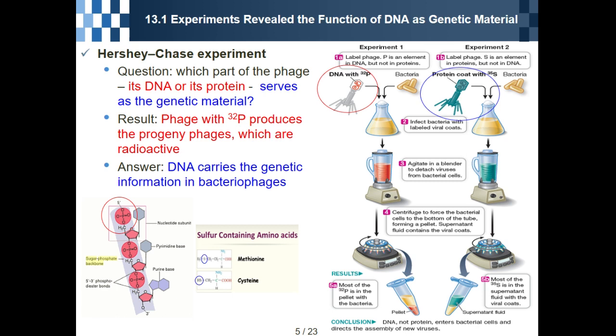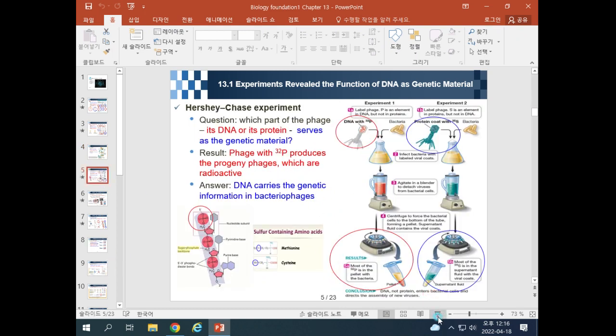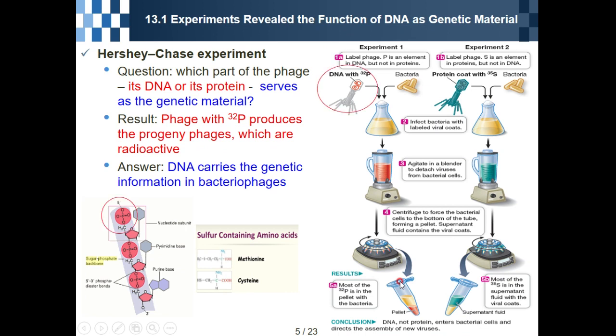After that, they did centrifuge. So they attached, and after using the blender, they detached. After the centrifuge, in the pellet there will be bacteria cells. Bacteria are heavier, very heavy, so they are located in the pellet.